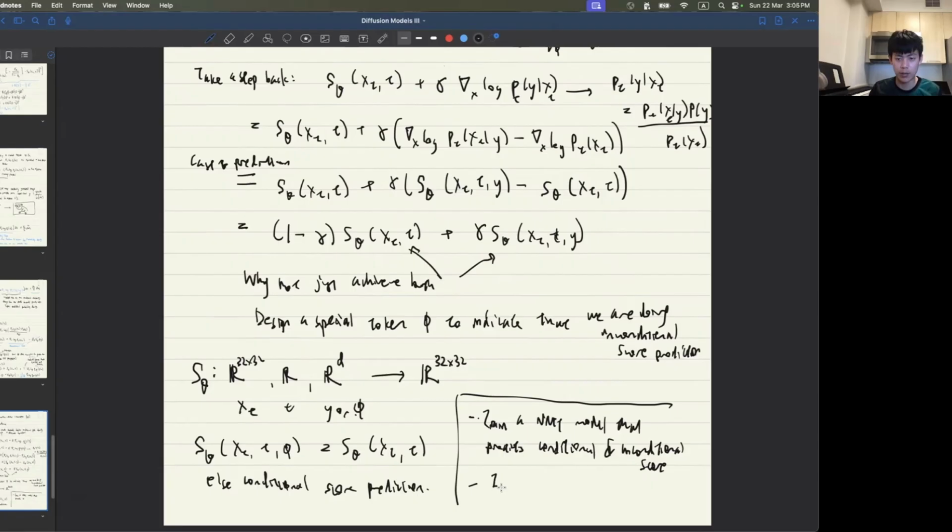And in the objective, we use (1 minus gamma) S theta(xt, t) plus gamma S theta(xt, t, y) to do the backpropagation. We use a convex combination of the unconditional score prediction and the conditional score prediction as the final prediction to calculate the error against the true value and to do backpropagation on. This allows us to just use one neural network model for the conditional diffusion model setup.